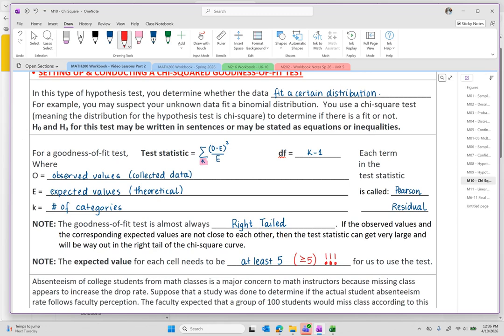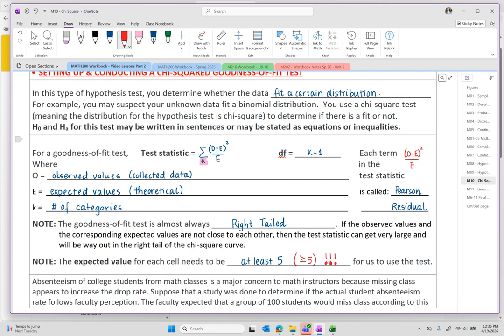And these particular terms of the test statistic, observed minus expected squared divided by expected, is called the Pearson residual. And the sum of those k Pearson residuals over the k categories will equal your chi-squared test statistic.